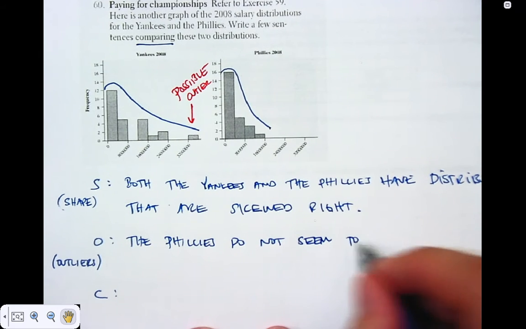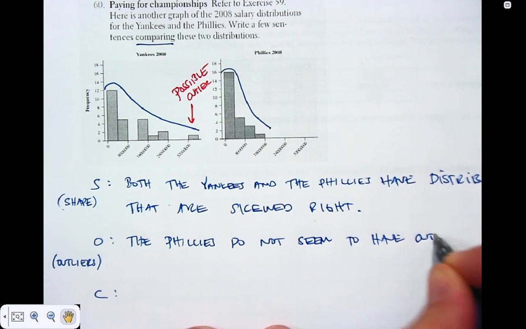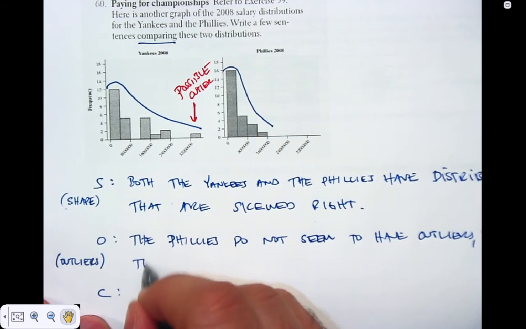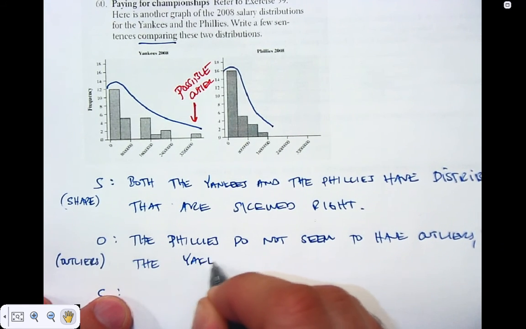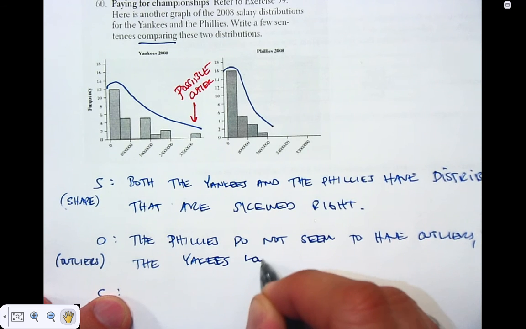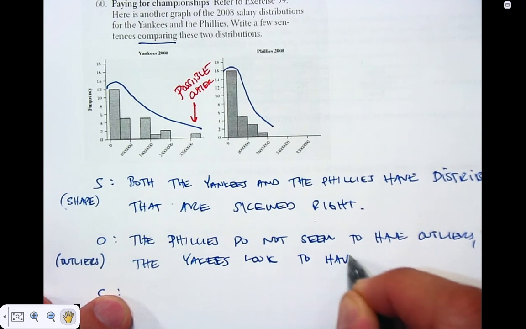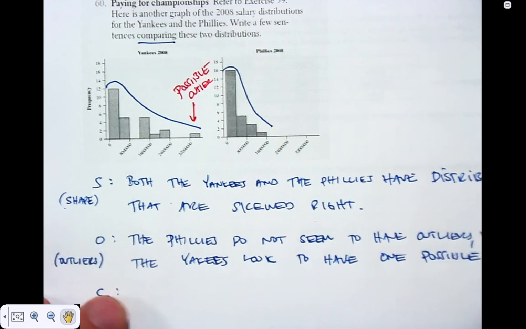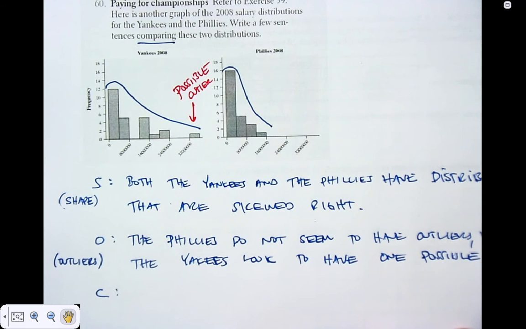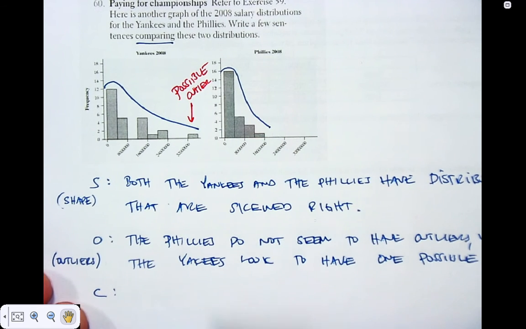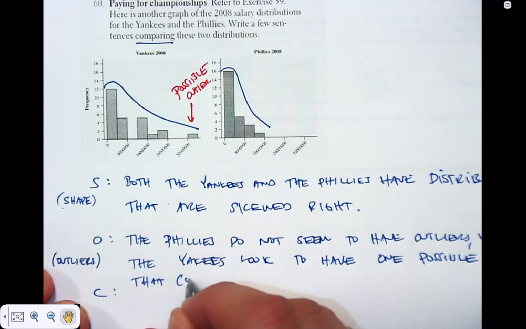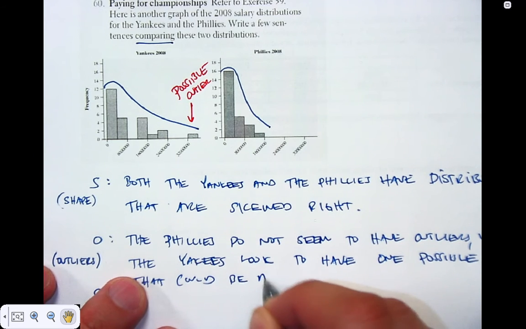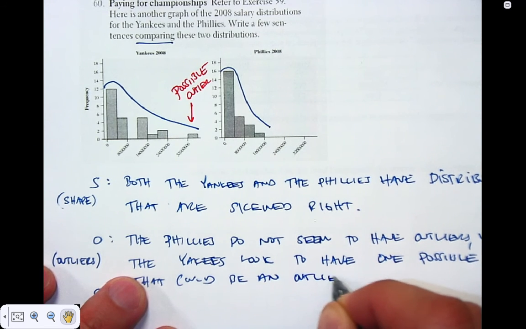Do not seem to have any outliers, while the Yankees look to have one possible high salary that could be an outlier.